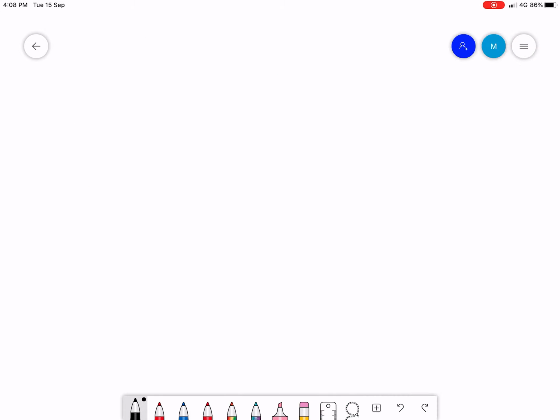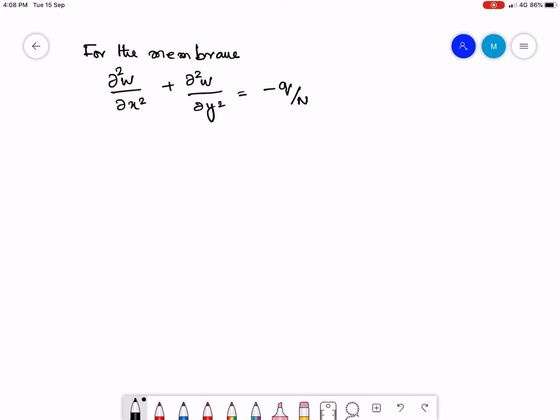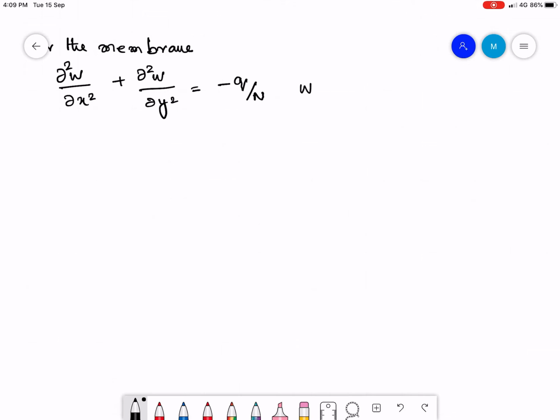Okay. So, the equation that I get for the membrane is del 2 w by del x square plus del 2 w by del y square is equal to minus q by n, where w is the deformation of the membrane in z direction.